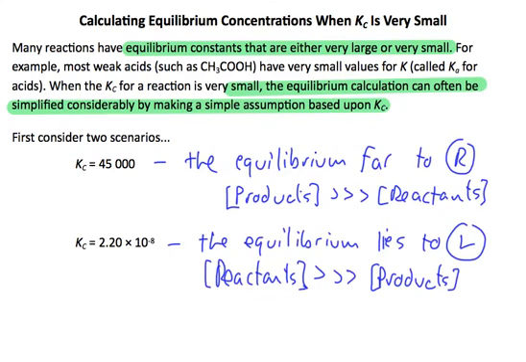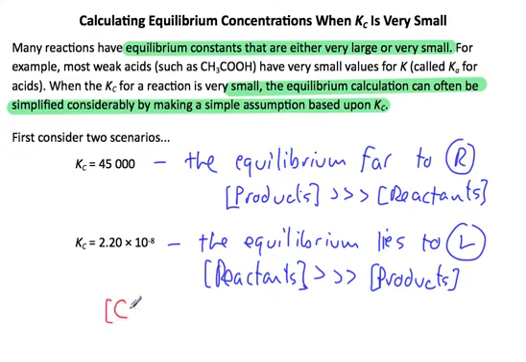And so we use that. So for example, if we think about this very small value, if it lies far to the left and it's mostly reactants, the concentration of reactants is going to be quite high. The change is going to be pretty low. The change to get to equilibrium because of the value of K is going to be low.